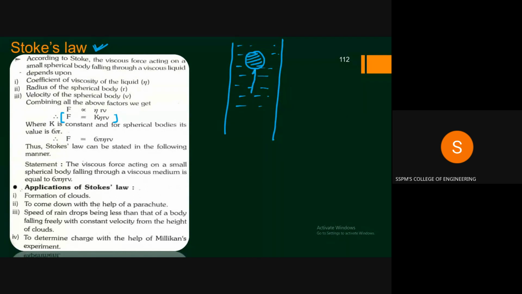Then it will offer some force because of the viscosity. So that force is given by the relation F is equal to K into viscosity eta or mu into r into v. For the spherical object, the K value is equal to 6 pi. So the relation for the force for the sphere is 6 pi into viscosity into radius into the velocity.